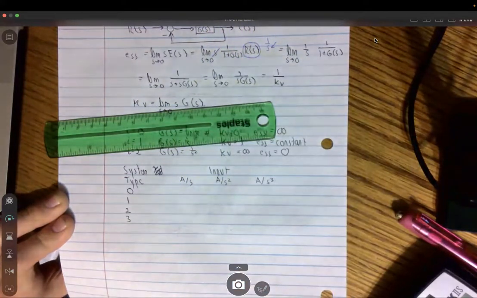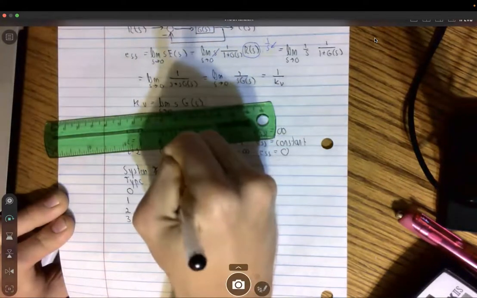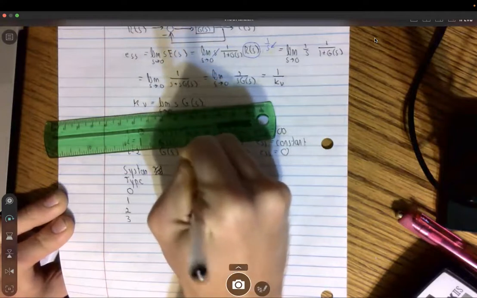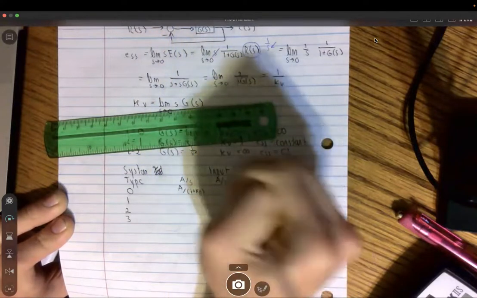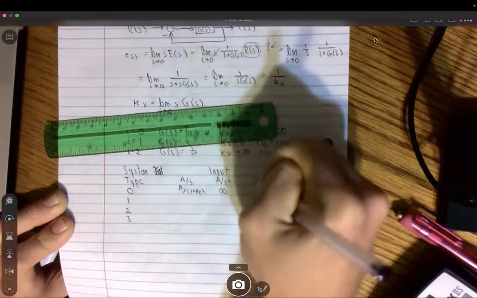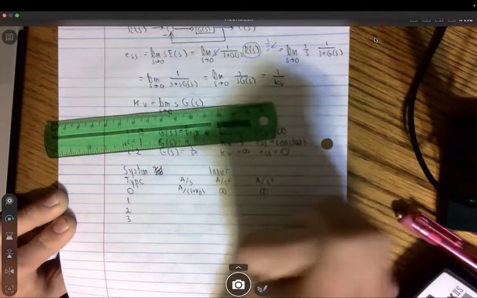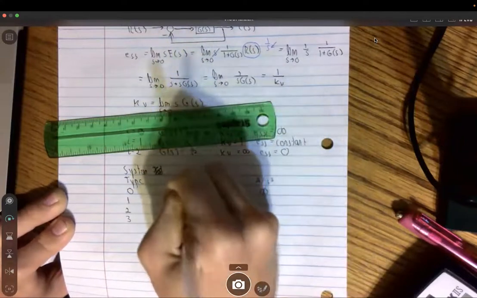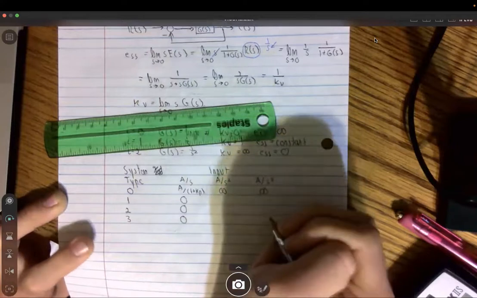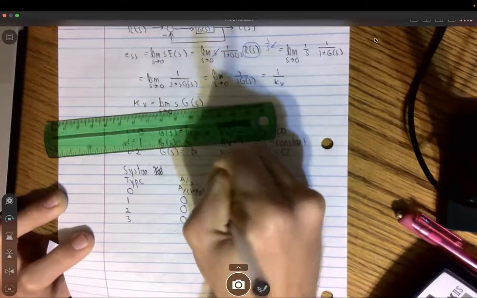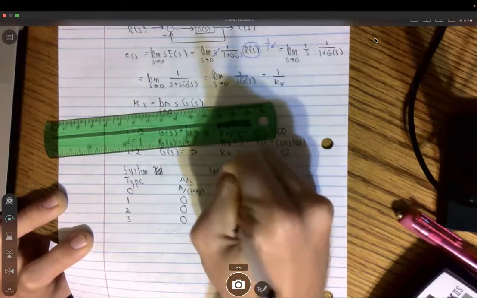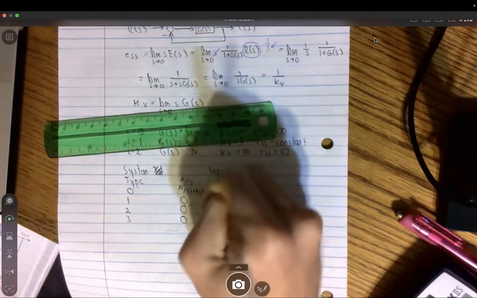And so we saw for system type 0 for the step input, it's going to be 1 over 1 plus KP. For your ramp input, it was infinity, and for your parabola input, it was infinity. Then for system type 1, the step was 0, and for anything greater the steady state was 0. But for your unit ramp input, for system type 1, you finally got a constant, and then you got 0 for the others.